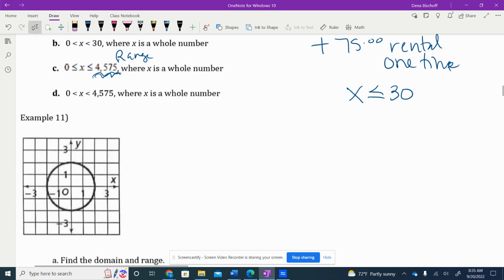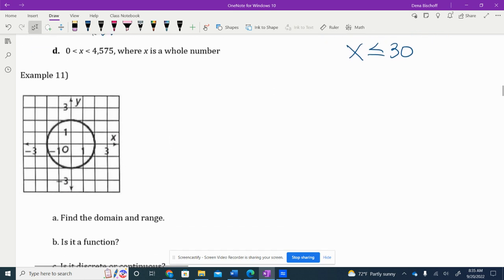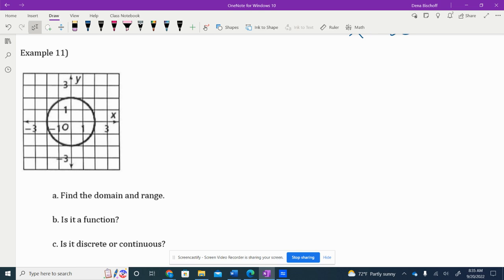Okay, last one. We're going to find the domain, the range, and then determine if this is discrete or continuous. So the domain, remember, is all x values of this function. Do you want me to tell you what the equation for this function is?